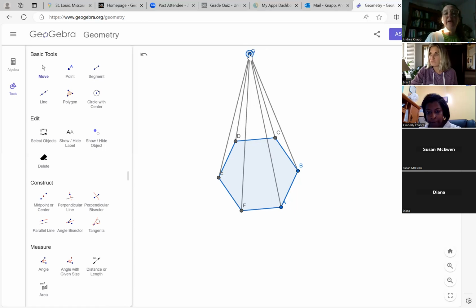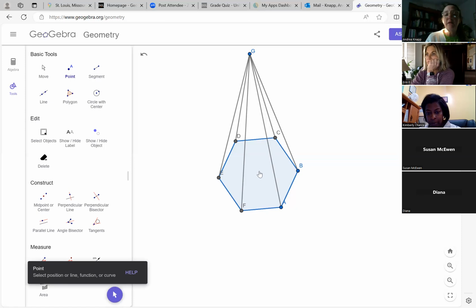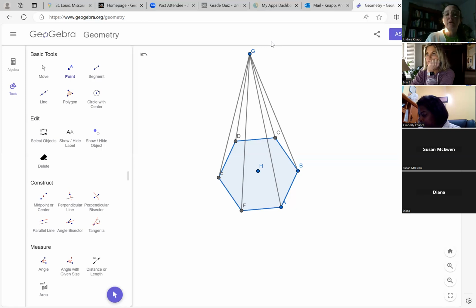If it's straight up and down, the altitude comes straight down through that apex and hits in the middle of your hexagon. So I'm just drawing in my altitude here with a dashed line. If that comes down and hits here at a right angle, then you have a right angle here.